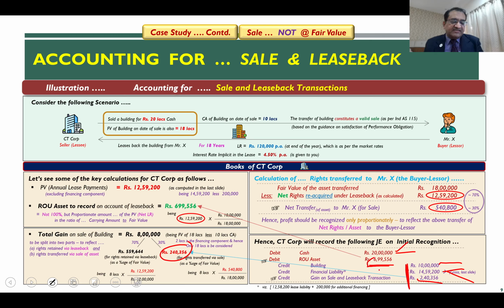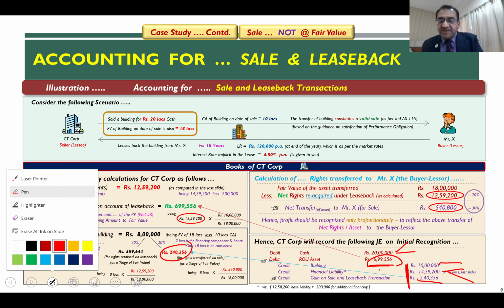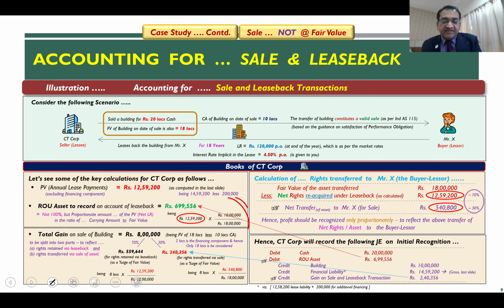But how this 699,556 can be calculated directly is given here. Again, in the same way, it is basically this lease liability net of the financing as a proportion of carrying amount to the fair value. Carrying amount of 10 lakhs, fair value on the date of sale, 18 lakh.